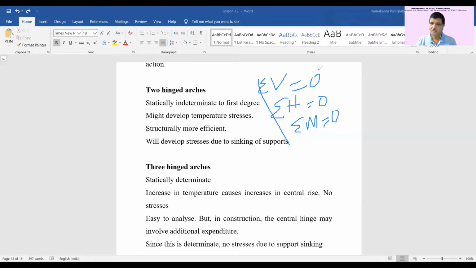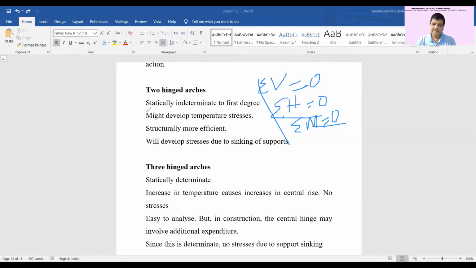If the reactions are more than 3, then it is statically indeterminate. Suppose you have 5 reactions, then it is indeterminate to the second degree. Since we have 3 equations, we can solve only 3 unknowns. If it is more than 3, it is statically indeterminate, so you have to use other methods to find the reactions.